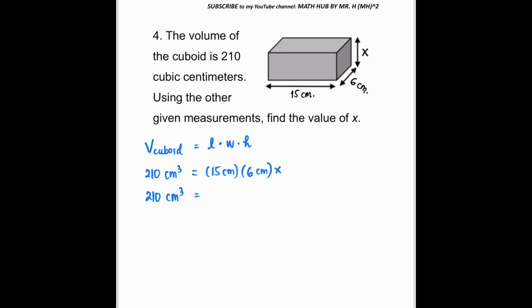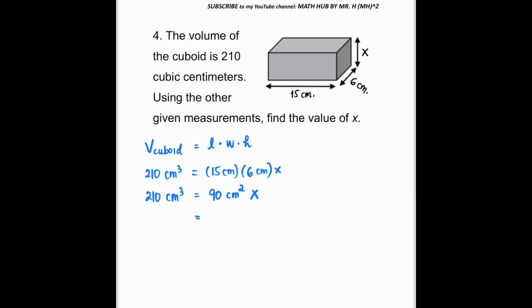So we got 15 times 6 is 90. Centimeter times centimeter is centimeter squared. Remember the x there. So it's times x. From here, you can see that we can solve for x already, right?